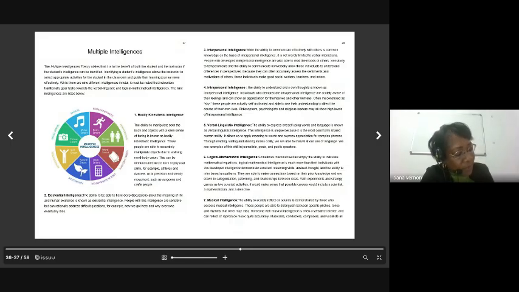Okay, today in this session we're going to make a small journal without evaluation, okay? You emphasize your journal on any one, visual, kinesthetic, musical intelligence, okay? You can select anyone.